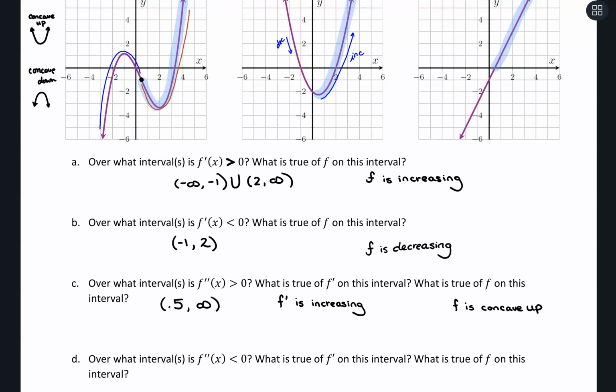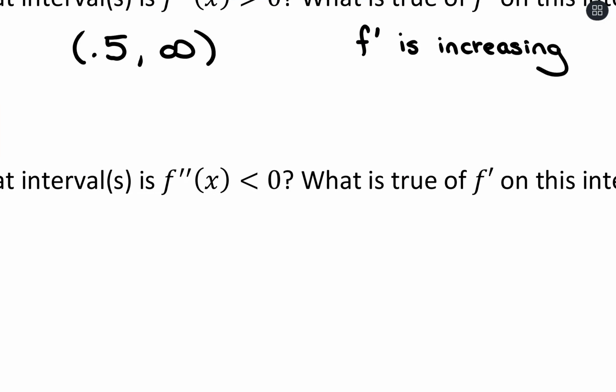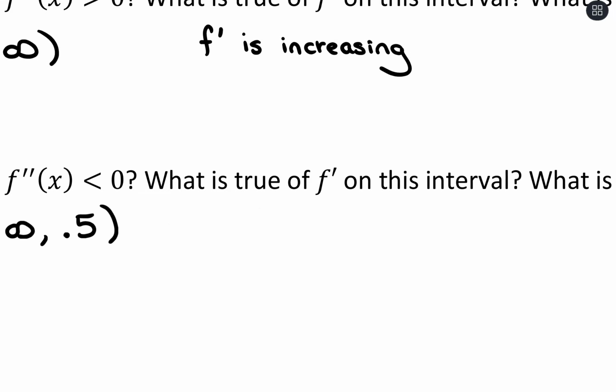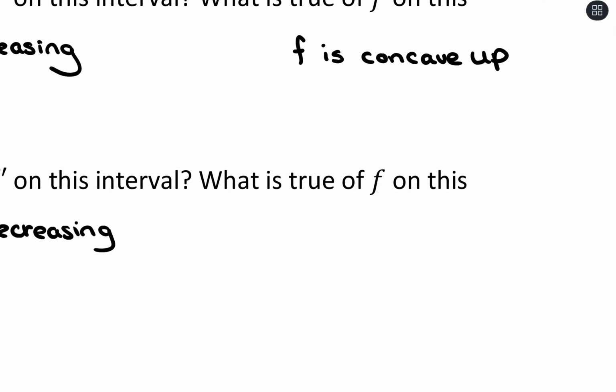And now if we do the same thing for the negative portion, from negative infinity to 0.5 is going to be our interval. And what we're going to see is just the flip of all of these. I can go ahead and plug this in: f prime is going to be decreasing, and f is going to be concave down.